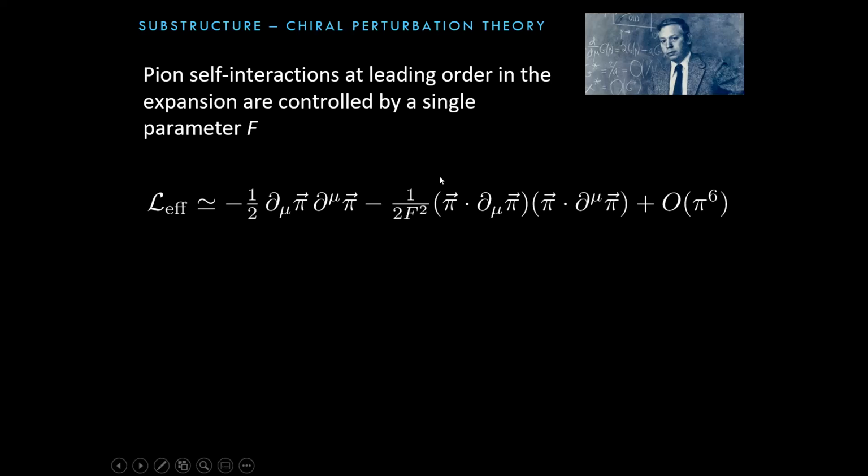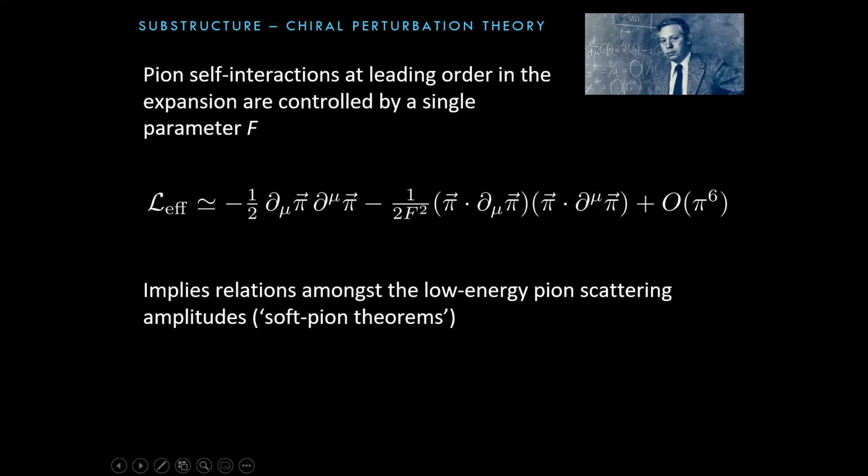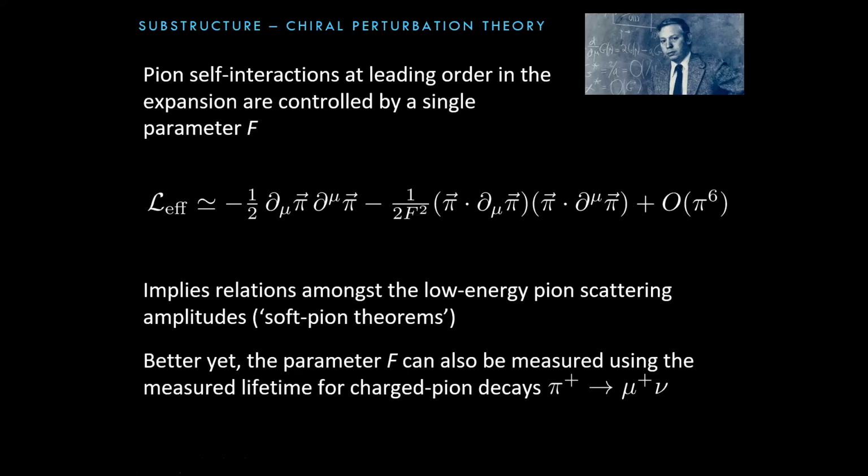And so that means that there's going to be a whole bunch of relationships amongst these scattering amplitudes because they only depend on one common parameter. Those relationships are called soft pion theorems, and that's one of the successes of this chiral perturbation theory story. And of course, it's better than that, because that value of f turns out you can measure in pion decays. So you can independently measure f through a non-scattering process.